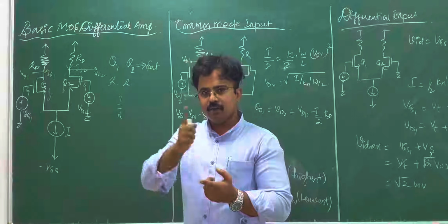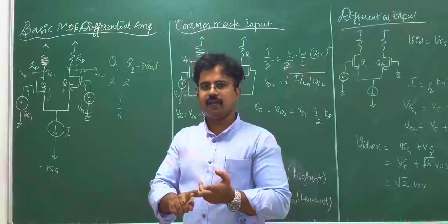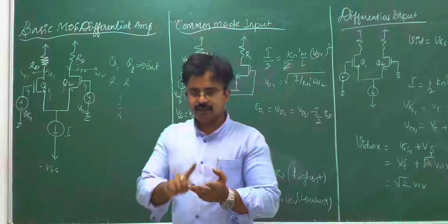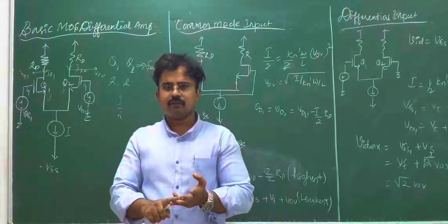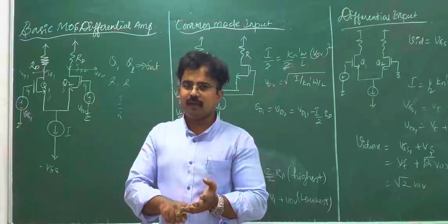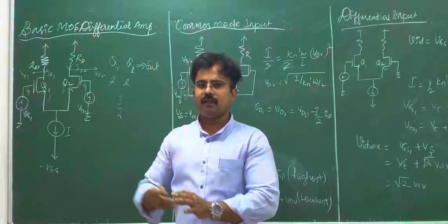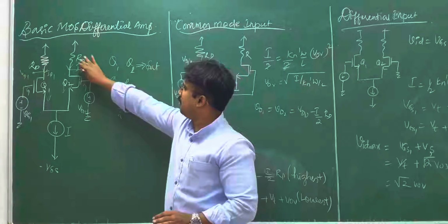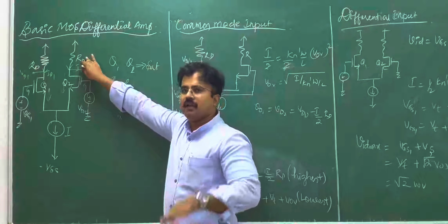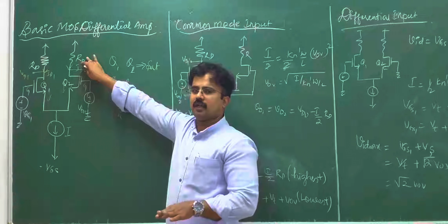Its gain in both common mode and differential mode will be found. The large signal behavior and the small signal behavior of the amplifier are also analyzed, and finally the replacement of RD with active loads is carried out.